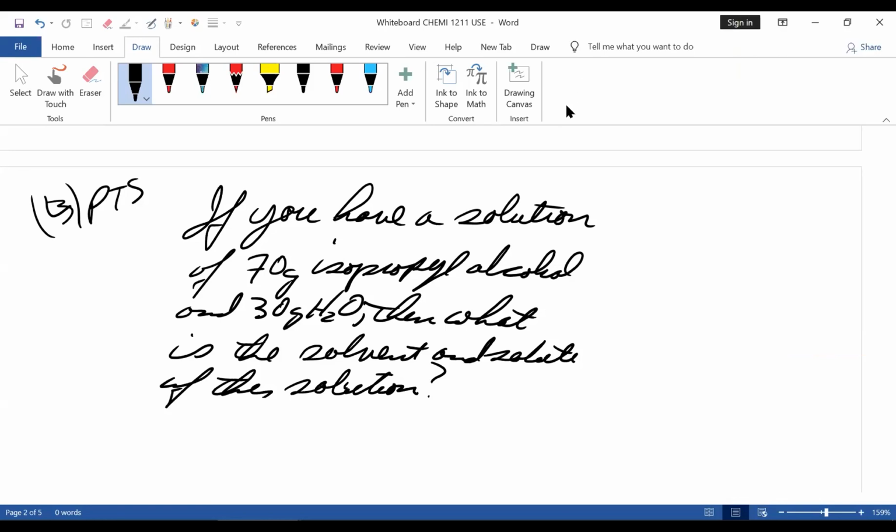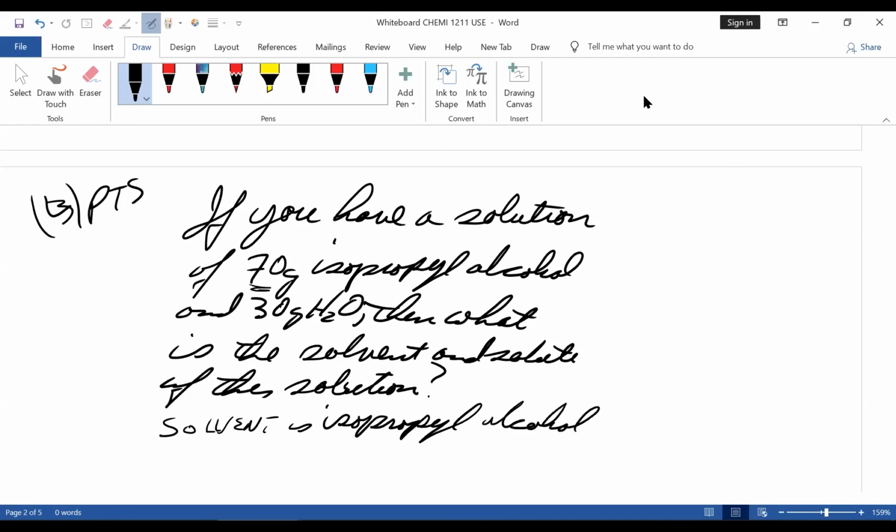Let's take a look at how do we do this. Remember, the solvent is the component present in the greatest amount. And I hope you all agree 70 is greater than 30. So the solvent is isopropyl alcohol.